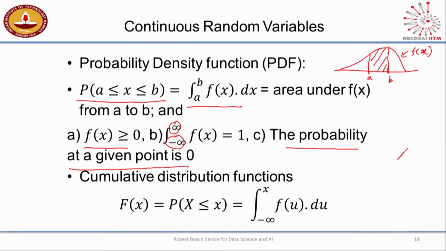That makes sense if the distribution goes from minus infinity to plus infinity. Minus infinity to plus infinity is just a safe placeholder, right? You can just say minus infinity to plus infinity, even though the density technically does not go to either end. What you really mean is from the lowest possible value to the highest possible value. And the probability at a given point, as we've already discussed, is 0.